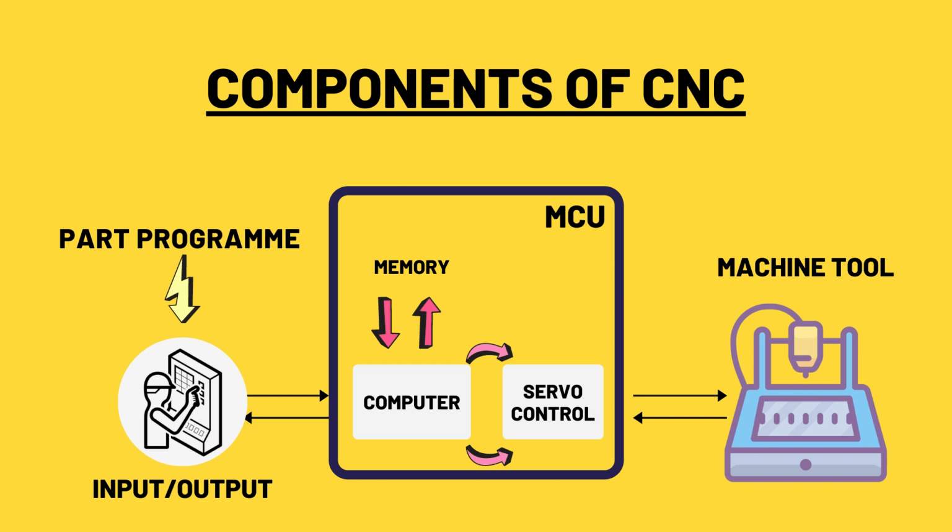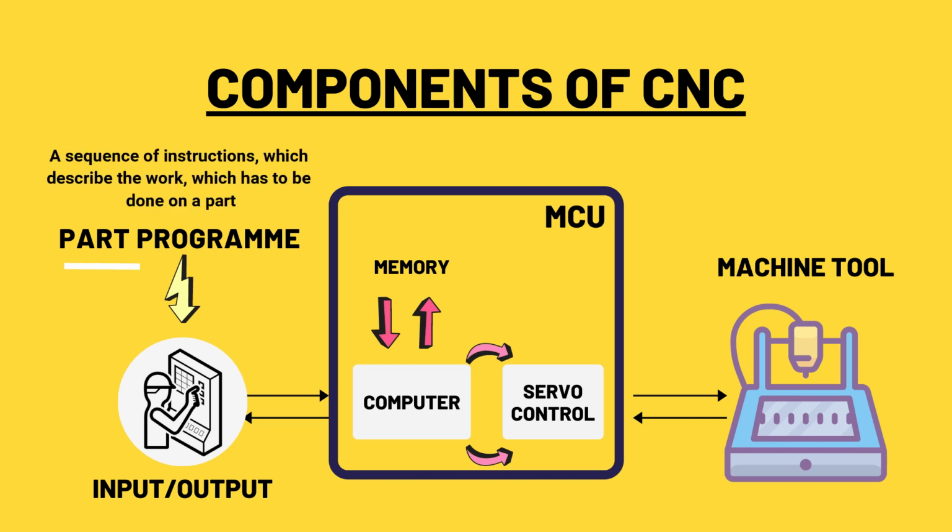The main components of CNC are part program, input device for part program, machine control unit or MCU, drive system, machine tool, feedback system, and display unit, in which the part program is a sequence of instructions which describe the work which has to be done on a part in the form required by a computer under the control of computer numerical control software or CNC software.